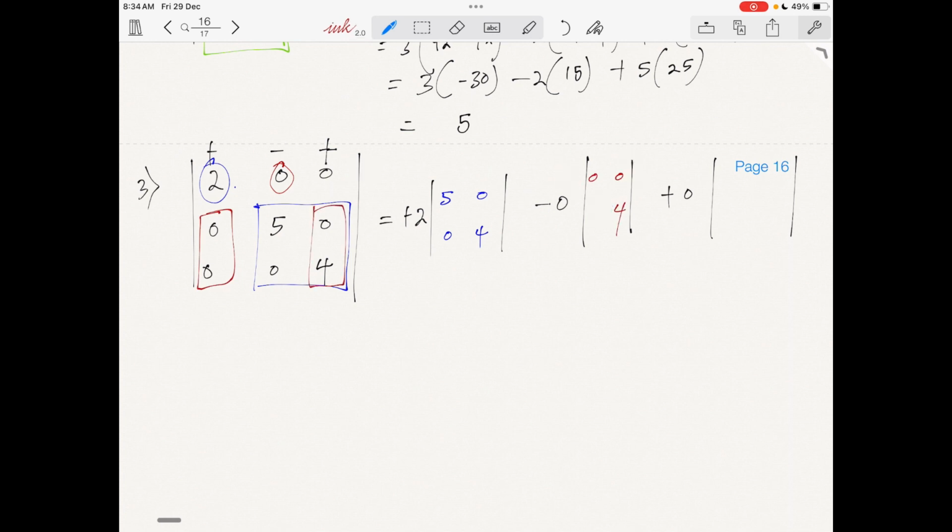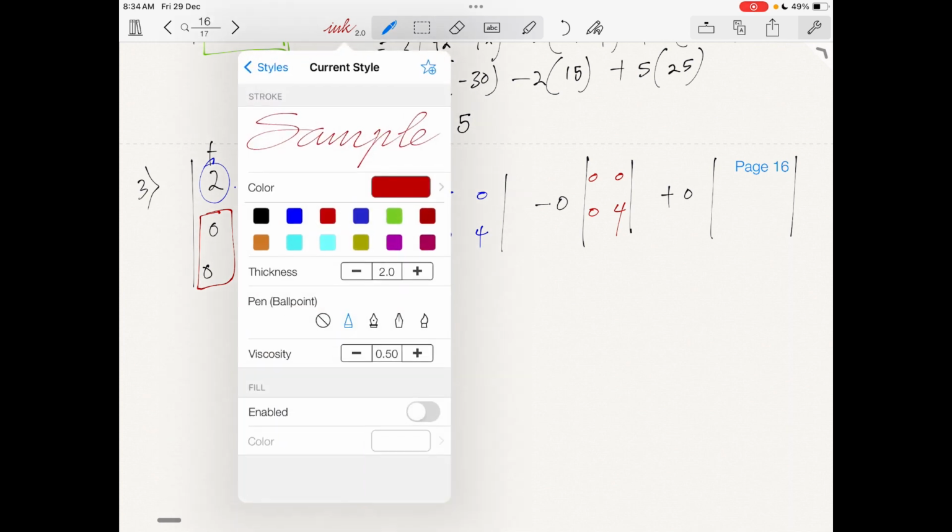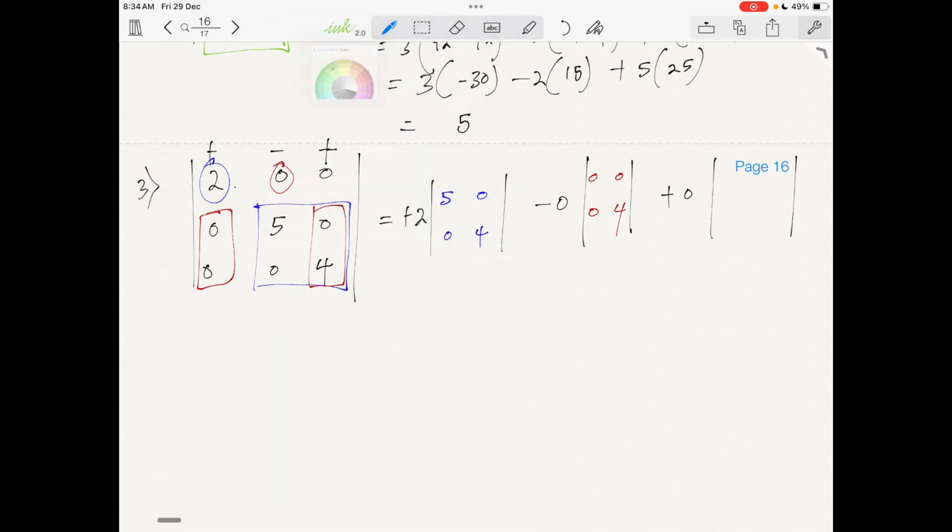Okay, and finally we are considering the final 0. We look at the horizontal, we look at the vertical, and we are left with 0, 5, 0, 0.